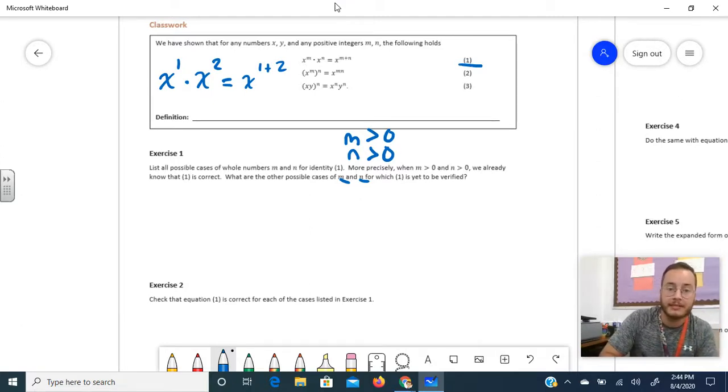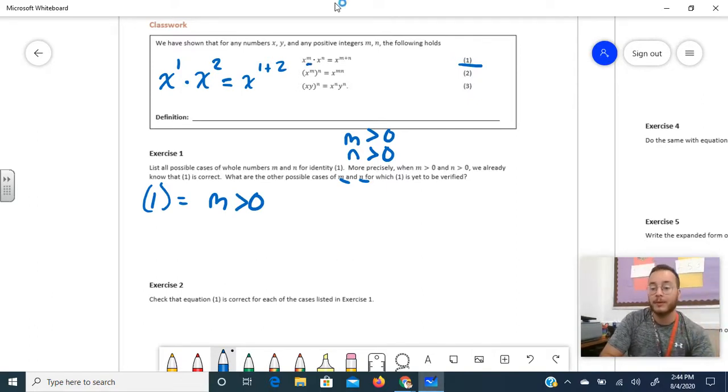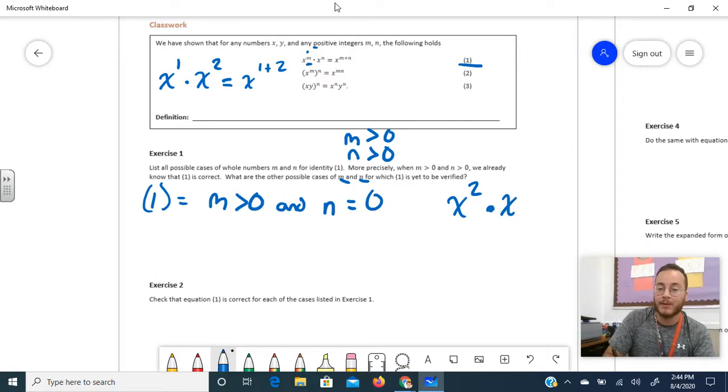Well, one of them for sure is still true if m is greater than 0, so that m right here would be bigger than 0, and n is equal to 0.